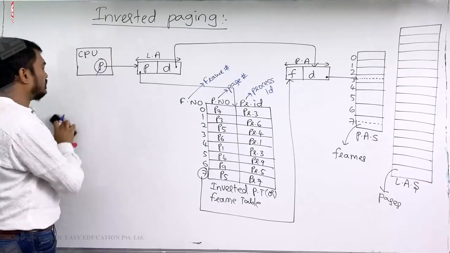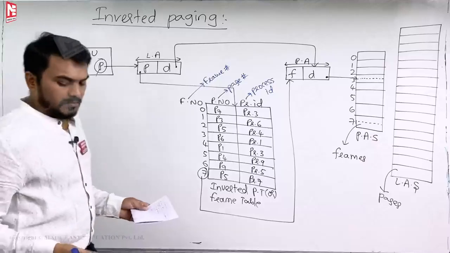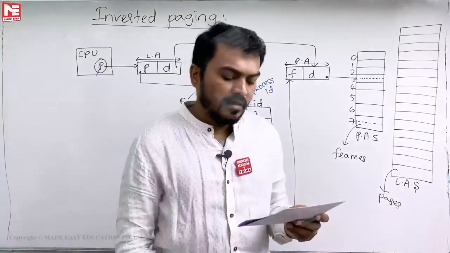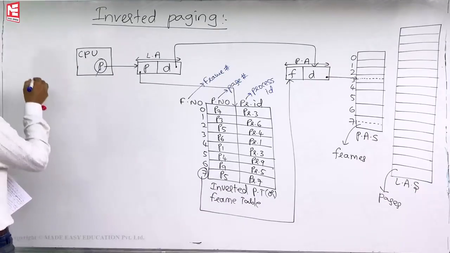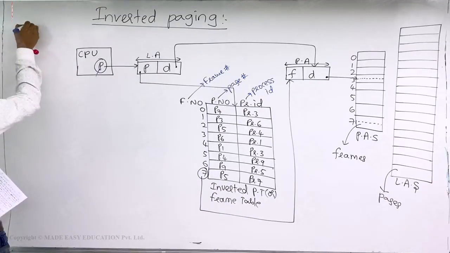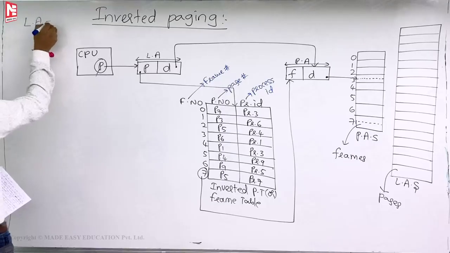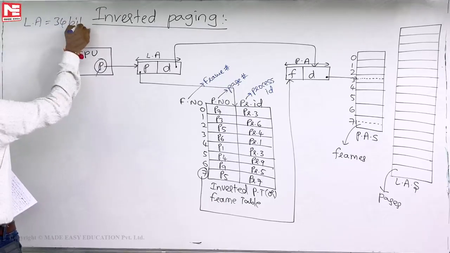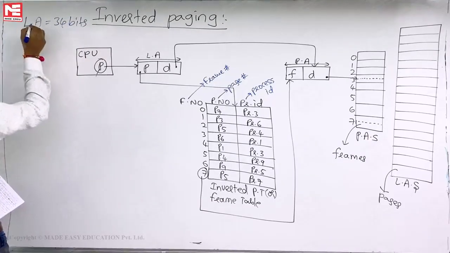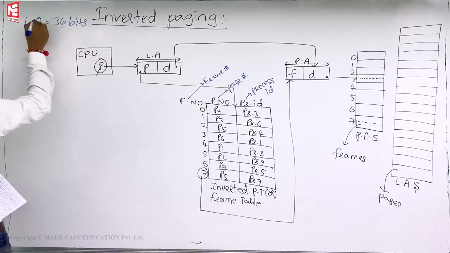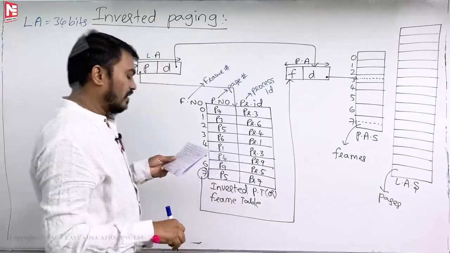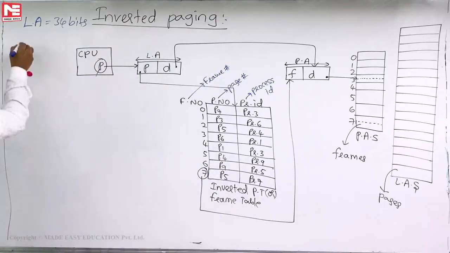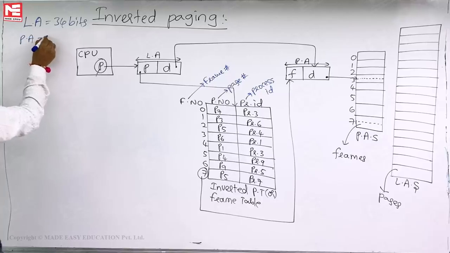Next, note down this. Consider a system which has a logical address of 34 bits and a physical address of 29 bits.